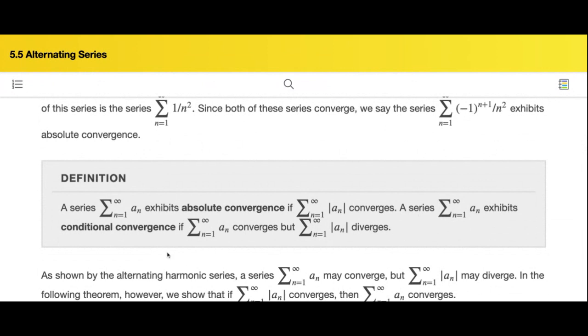A series exhibits conditional convergence, like the alternating harmonic series, if the series converges but the series of absolute values diverges. For example, the alternating harmonic series converges, but the harmonic series diverges.